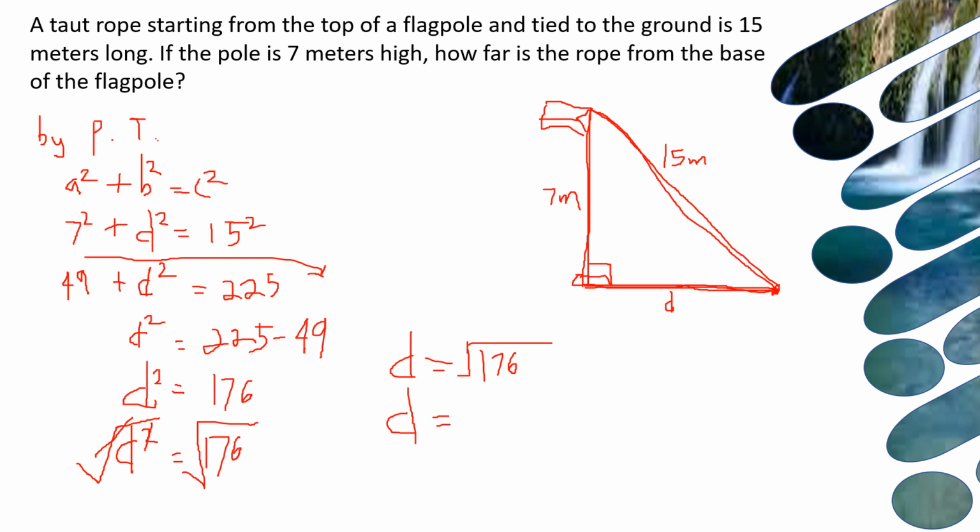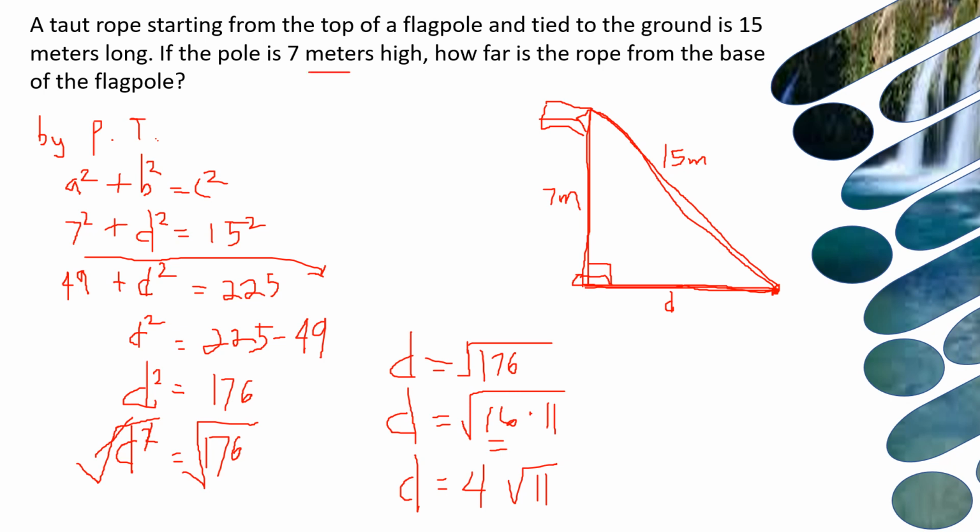root. But we can factor 176 such that one of the factors is a perfect square, and that is 16 times 11. So the square root of 16 should be brought out now as 4, and the square root of 11.